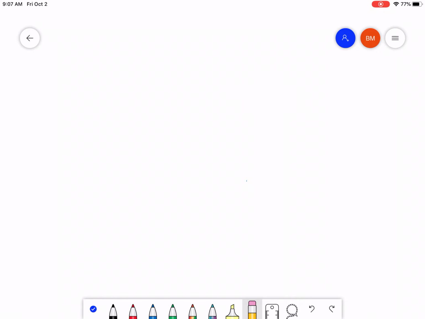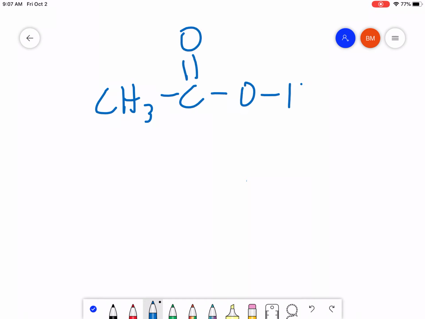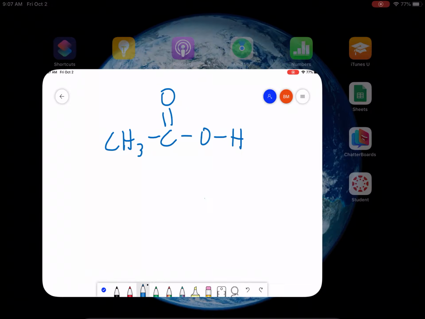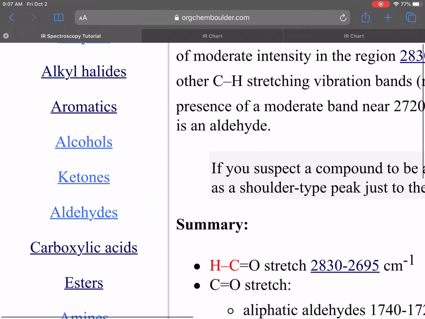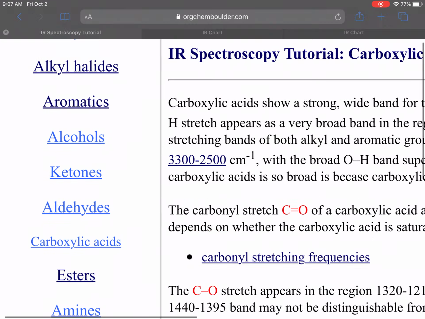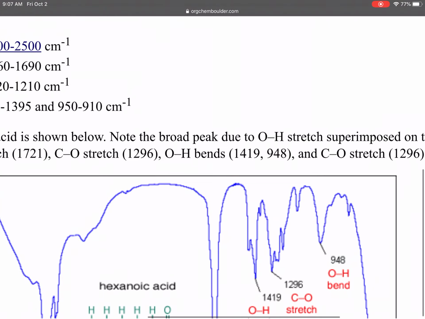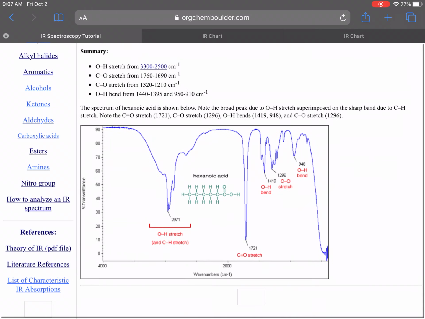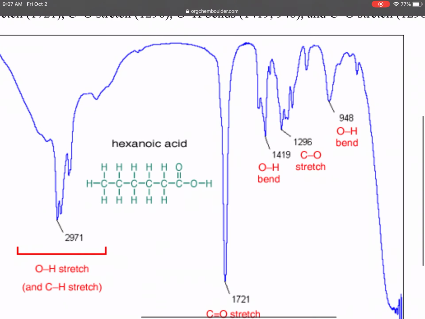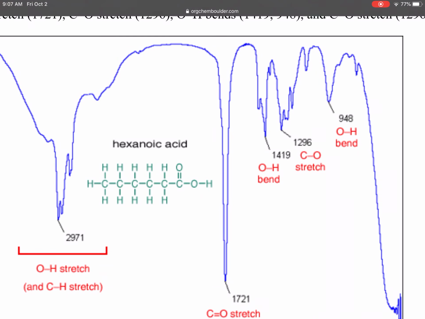All right, now let's take a look at carboxylic acids. So something like this. Hopefully by now you're sort of getting the hang of recognizing new stuff. Obviously acids are going to have the carbonyl stretch, just like all the other ones. You can see it over here, 1721.